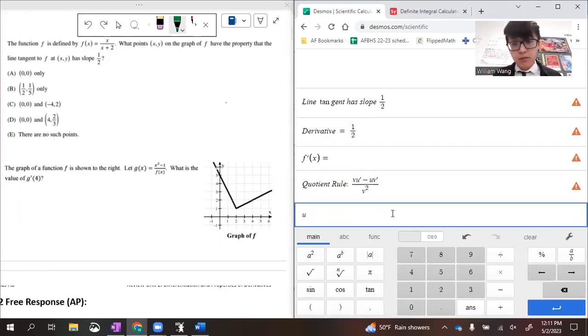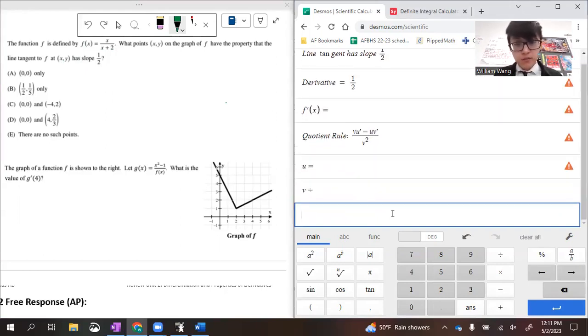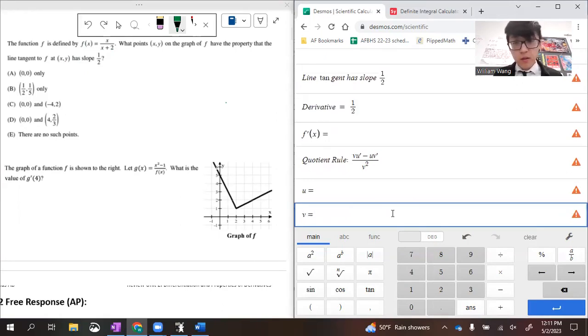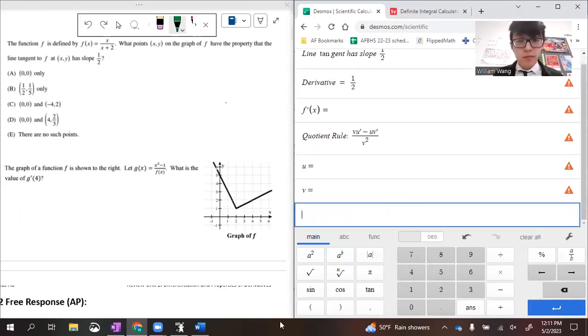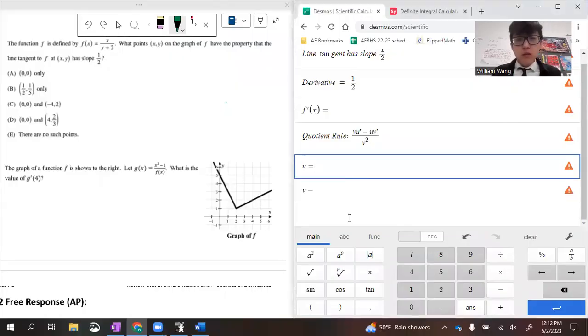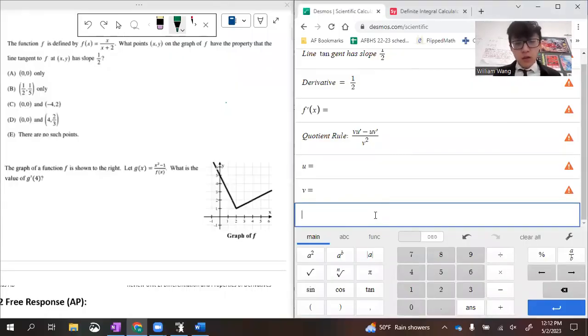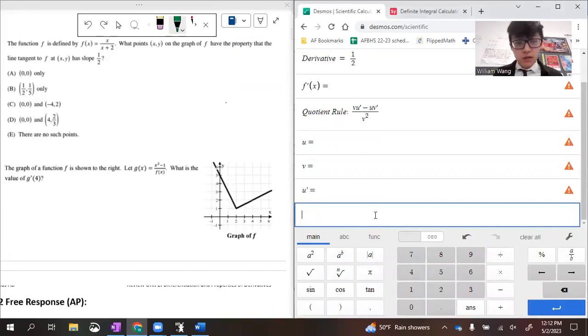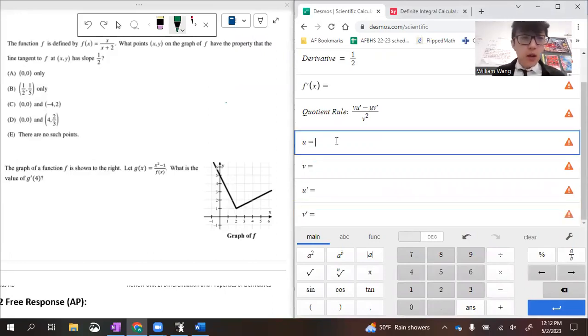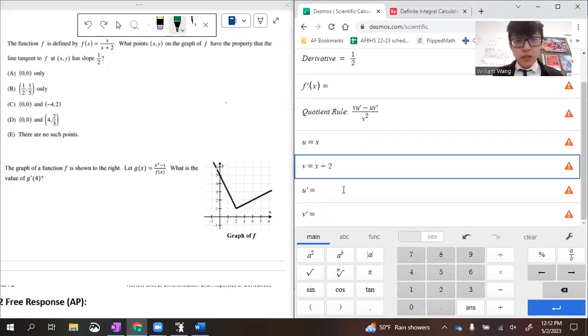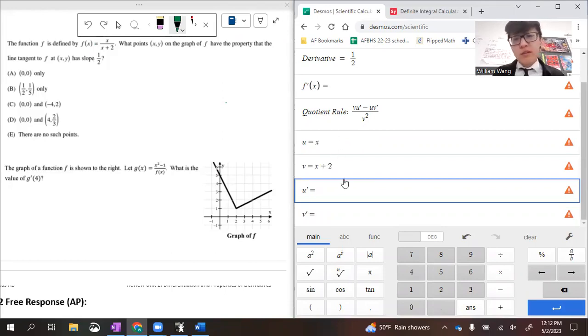Let's find my u, v, u prime, and v prime. In this case, my u is the top of the function, so it's x. My v is x plus 2. My u prime is the derivative of x, so it's 1. V prime is the derivative of x plus 2, so it's also 1.